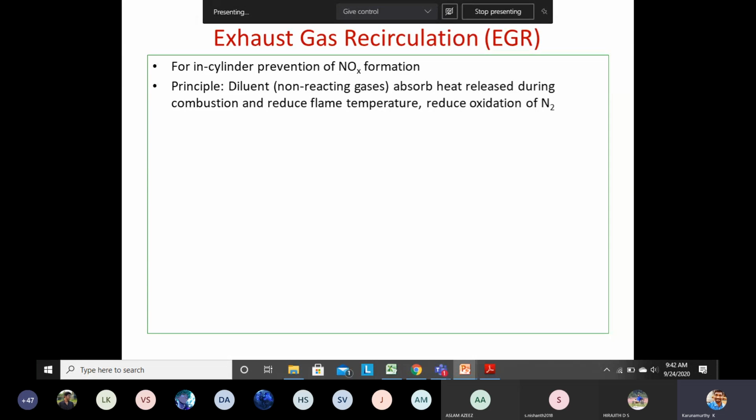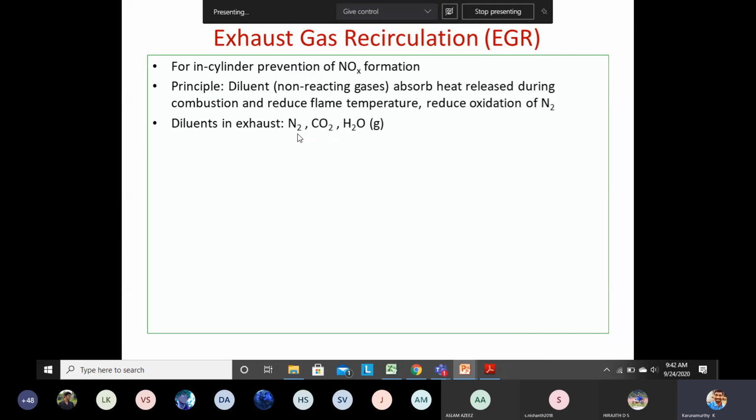To bring down the combustion temperature inside the engine cylinder, we are going to dilute the gas that is entering, right? The air fuel mixture that is entering, we are going to dilute that. So we require a diluent to dilute the air fuel mixture. That diluent should not react. Such a diluent we have to use. So this diluent is nothing but, from the exhaust gases, we are going to use the nitrogen and carbon dioxide.